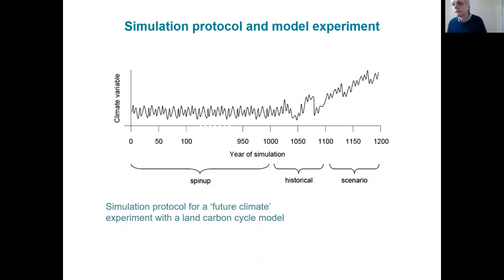And the purpose of this is to establish an equilibrium in the state of the model by the end of the spin-up. We want the compartments of the ecosystem, the carbon pools, for example, in the vegetation, and the soil to be in a dynamic equilibrium with the trend-free forcing.